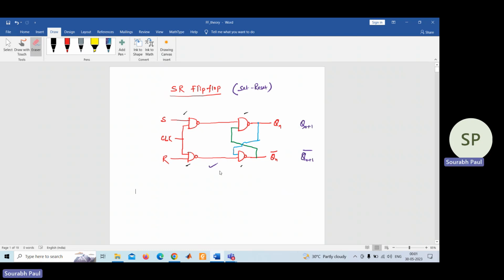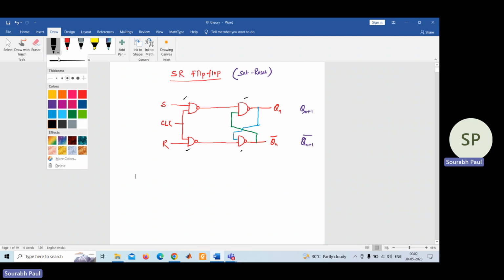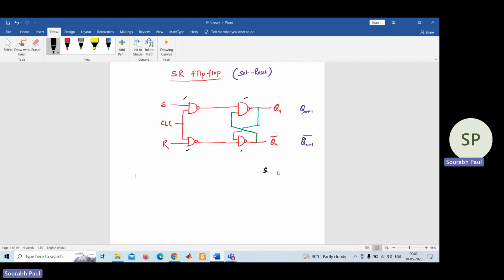Now, how does the SR flip-flop work? To understand the principle of the SR flip-flop, you first need to write down the truth table of a NAND gate, because the SR flip-flop is nothing but a combination of NAND gates. If you understand the concept of the NAND gate, then you can easily understand the principle of the SR flip-flop.